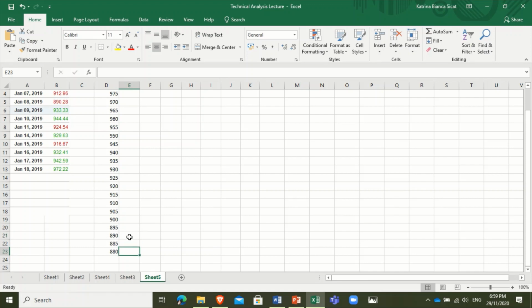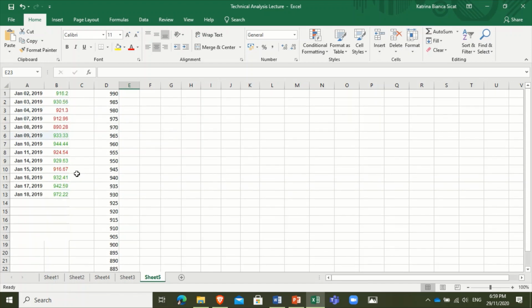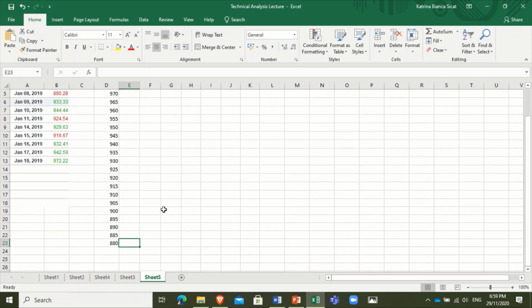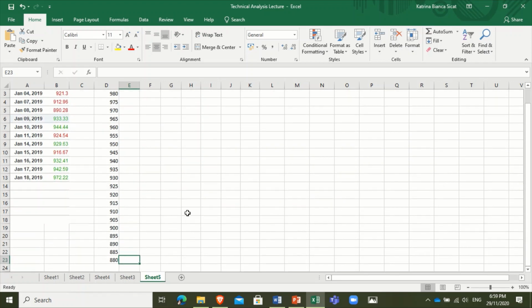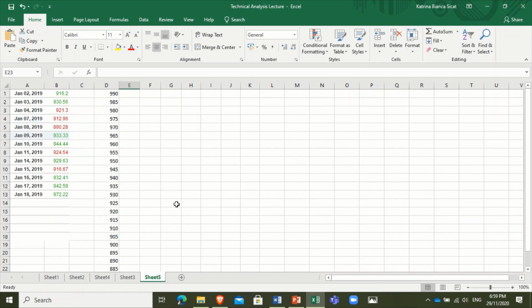So hindi magkakaroon ng change dun sa ating column unless magkaroon ng 15 points difference. Okay. Tignan natin kung paano mangyayari to. That's why sabi ko kanina, regardless of the time, kasi meron talagang mga stocks na napakatagal mag-change ng price, hindi siya volatile. So, regardless of the time, basta ang pinag-uusapan natin dito is yung pag-change ng price.